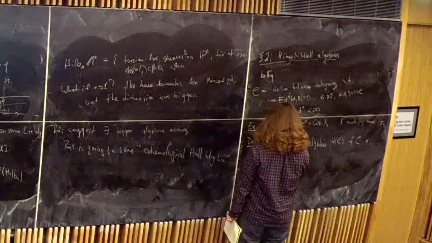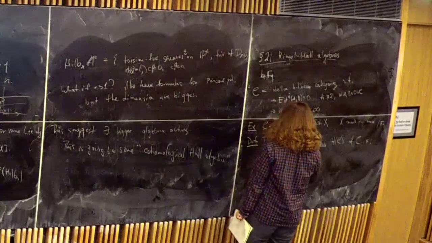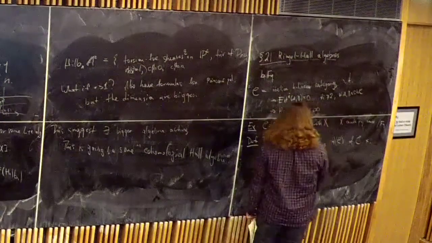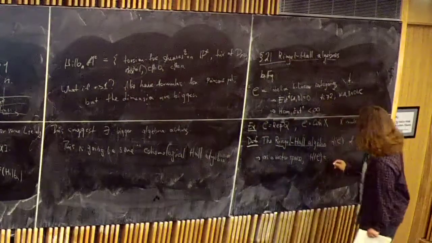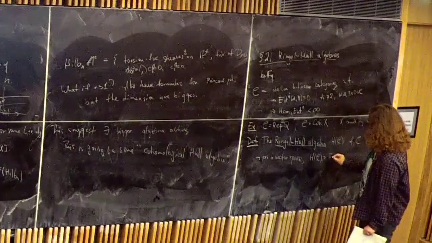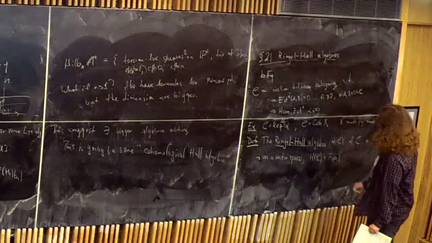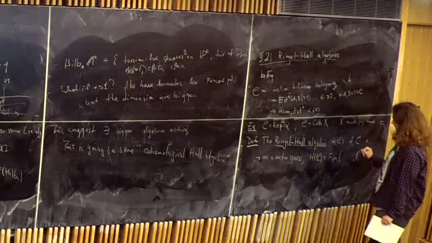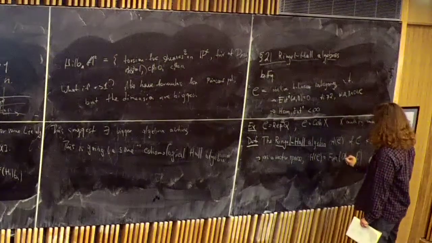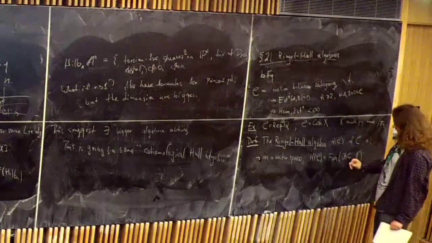As a vector space, it is just complex valued functions with finite support on the set of isomorphism classes of objects of our category.